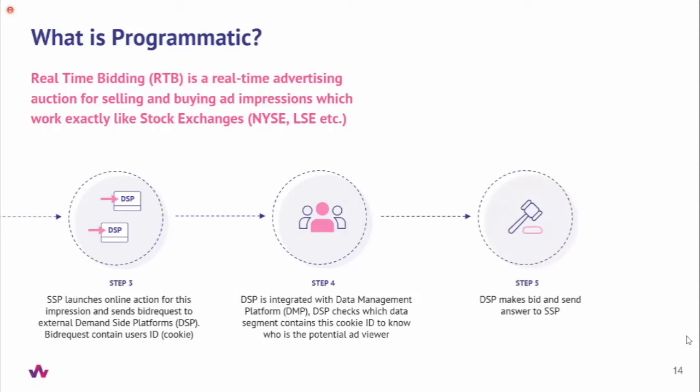So when DSP platforms know all this information about the user, they make a bid and send an answer, a bid response, to the SSP. For example, DSP1 makes a bid of about 30 cents, DSP2 40 cents, and DSP3 decides that they do not want to make any bid because they are not interested in this user.